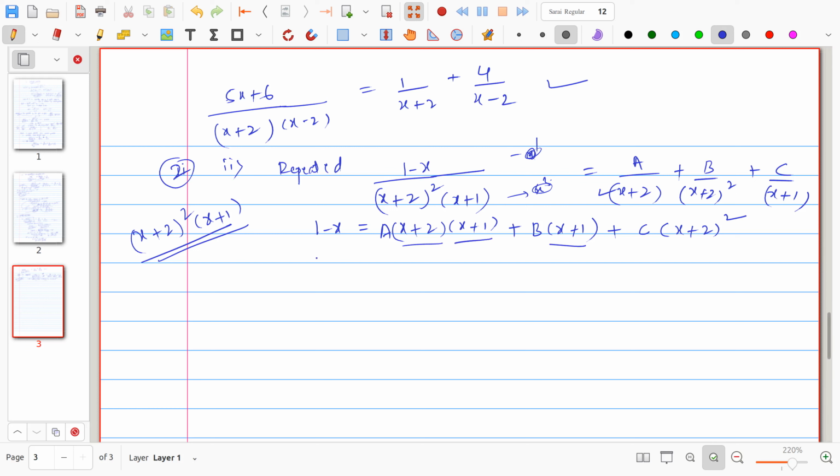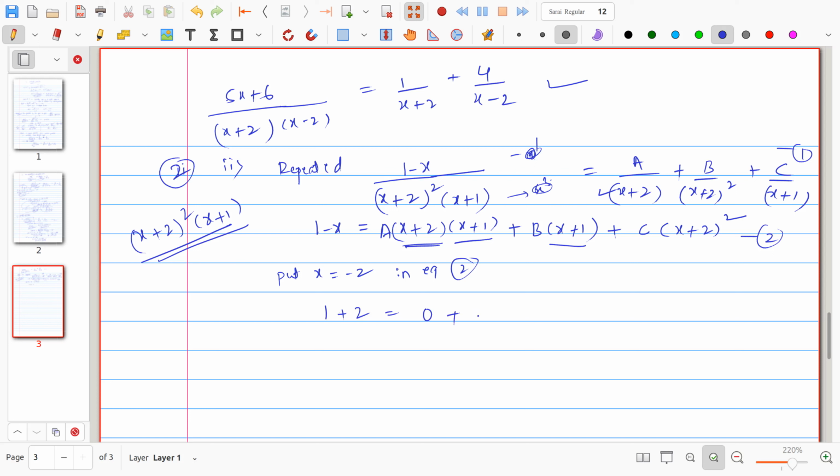We call this equation 2 and the earlier one equation 1, and put x = -2. This value I am putting, x = -2 in equation 2. Then we have 1 minus of minus is plus 2, so 3; the A term is 0.